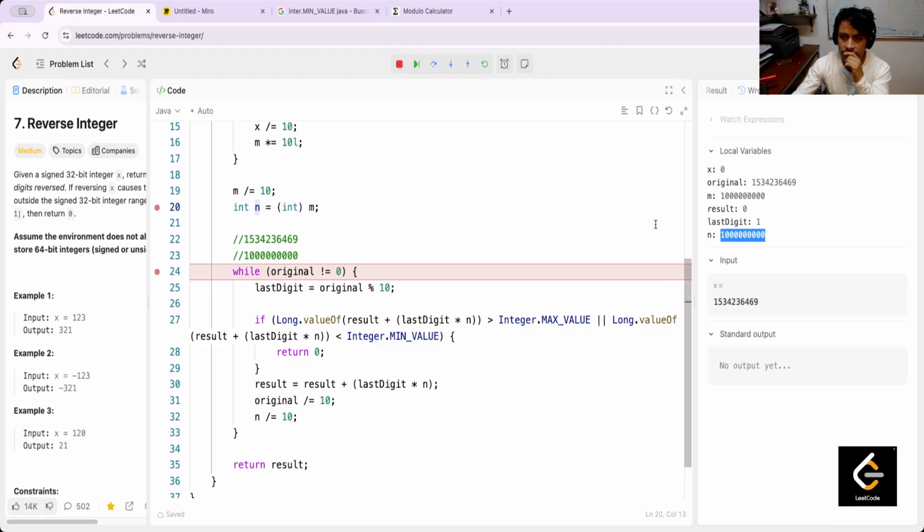Now I am taking the last, that is this, and it's out of the range.